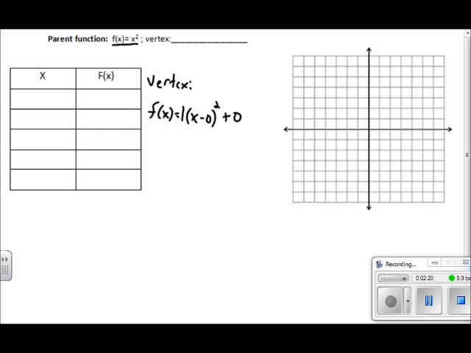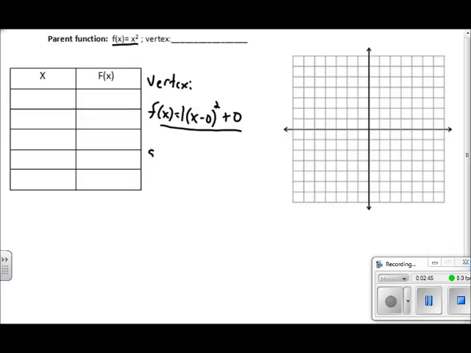If we simplify this function down, x minus 0 is just x, so x squared. Then x squared times 1 is just x squared, plus 0, and we don't need that plus 0. So that gives us f of x equals x squared. That's how it looks in vertex form.